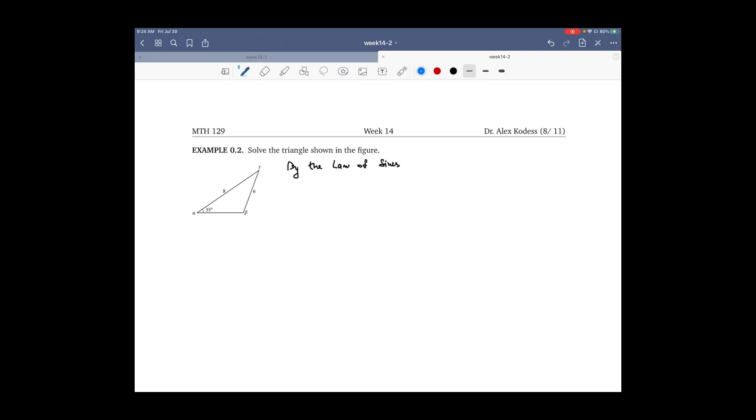We can write that 6 divided by sine 35 degrees equals 8 divided by sine beta.